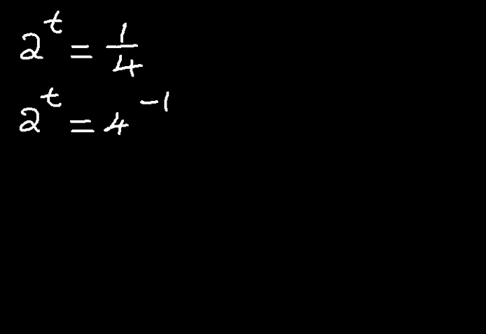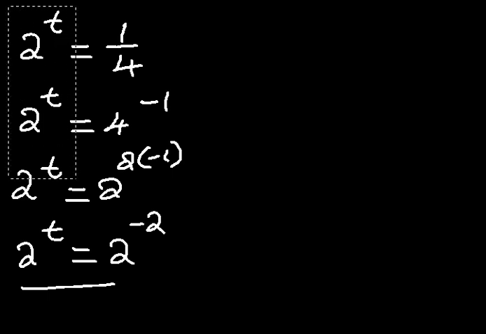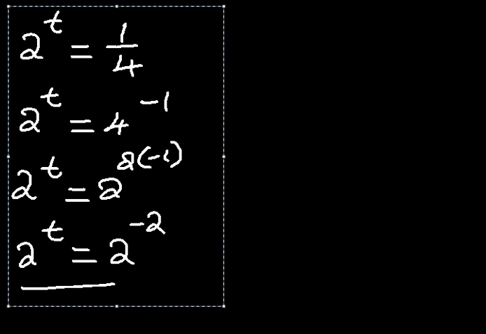And we can express 4 with the lowest base other than 4 itself. So we'll have 2 to the power t, which is equal to 4 expressed as 2 to the power 2, in the terms of negative 1. And so you'll have 2 to the power t, which is equal to 2 to the power negative 2. The bases are the same, you just have to equate the powers and get the value of t, as you can see there. So keep that in mind.